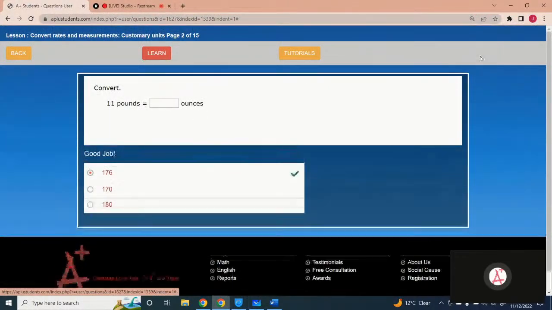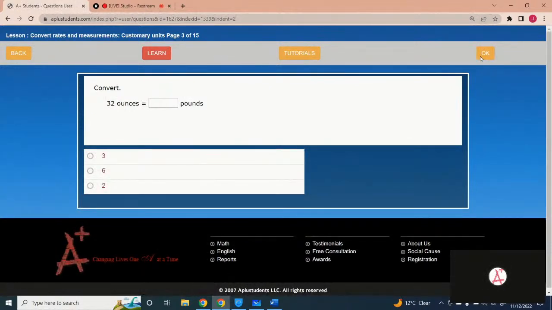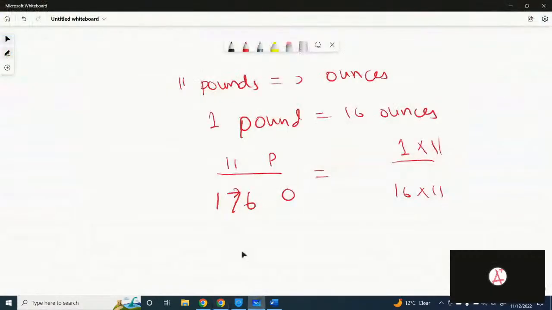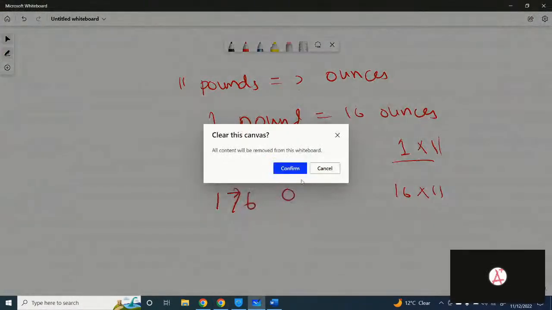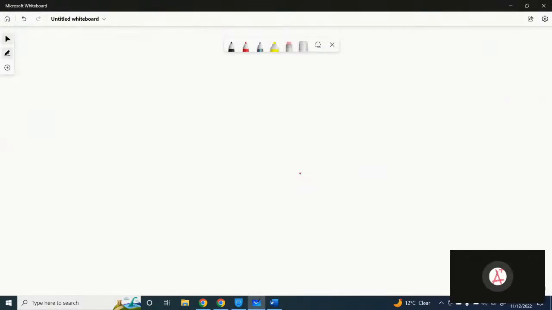Any problem, any confusion, please write the question in the chat box if you have any. 32 ounces equals how many pounds? We know that 1 pound equals 16 ounces.